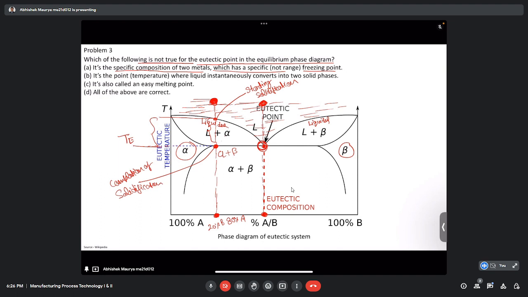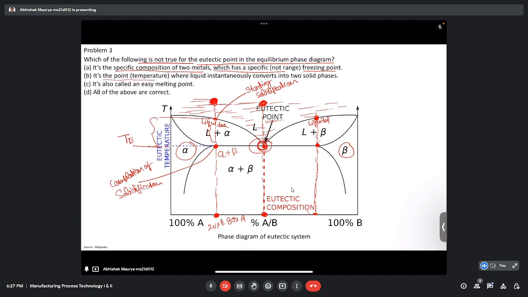Whereas with any other composition, to make it completely liquid we have to add more heat, or increase the temperature a little higher. For example, here, after this point we get only a part liquid, and only if we increase the temperature a little more do we get complete liquid. So this is the special composition. Now let's read the second option.